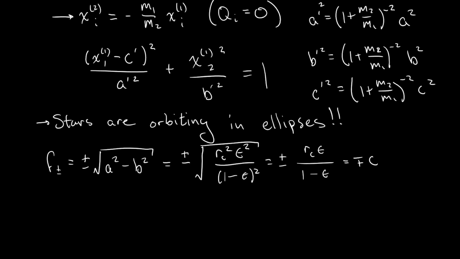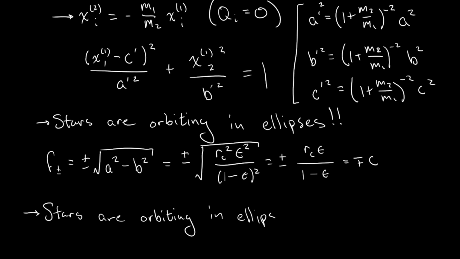And you can see that this argument holds up for the case of the actual positions of the stars, because all of the parameters a, b, and c are just related by a single constant. And so if I plug that constant in, I get the same equation. And so even more, the stars are orbiting in ellipses with a single focus.